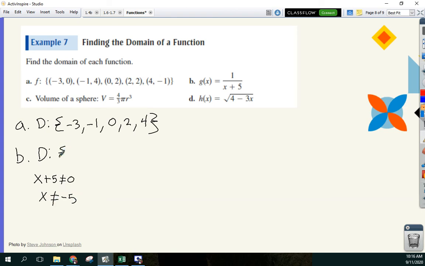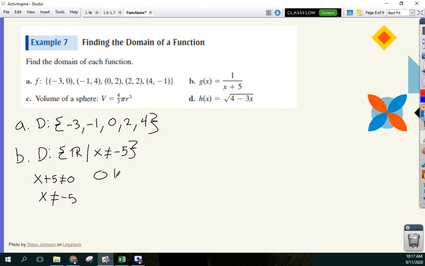Now, there are 2 different notations that we can use. There's set builder. So in this case, I have all real numbers. That's what the double backed R means, such that x cannot equal negative 5. So basically, I'm saying it can be any number as long as x doesn't equal negative 5. And that is set builder notation.